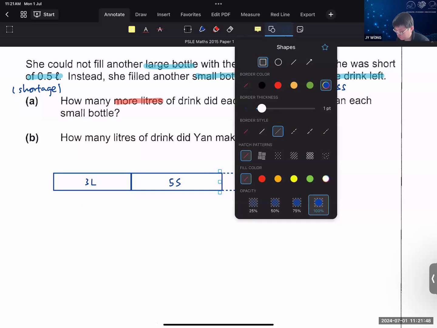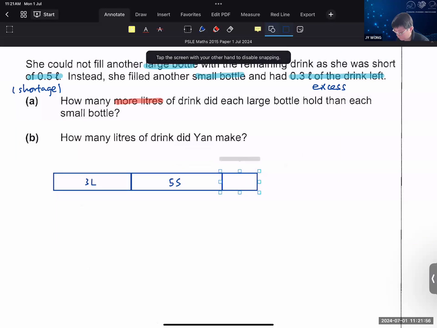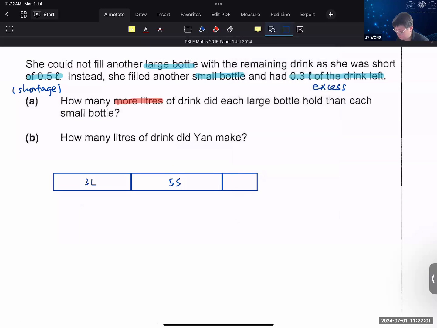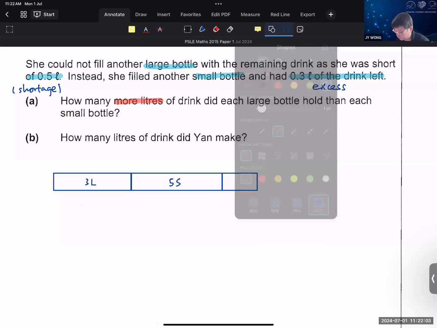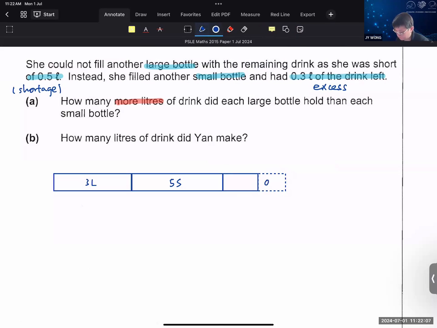She found that she would be short of 0.5. So I draw a dotted line to show that there's a shortage.